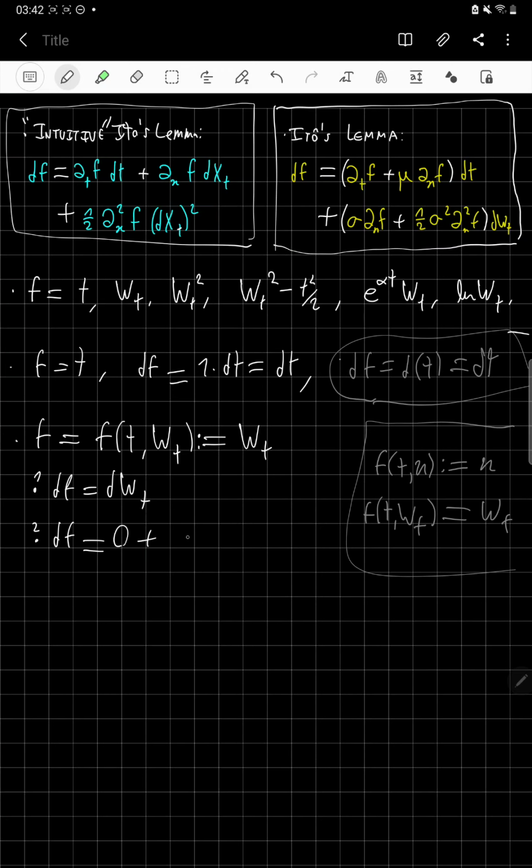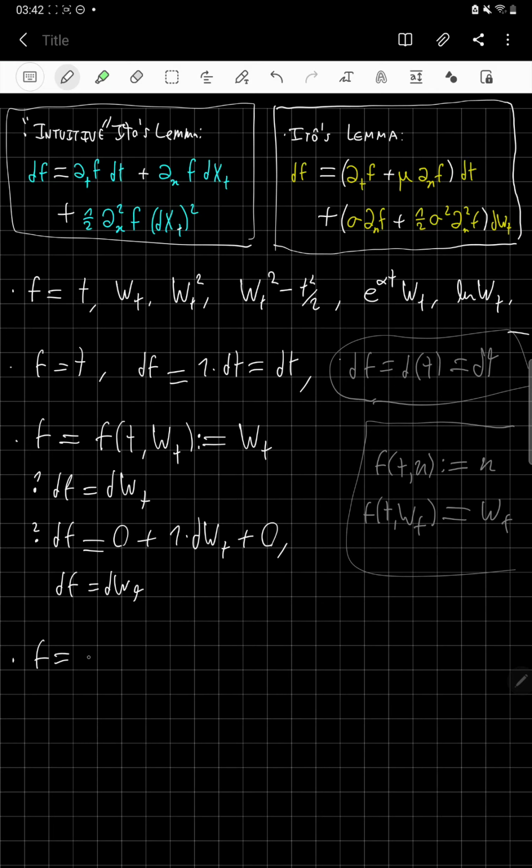With respect to x, the derivative is just 1 times dXt, where Xt is going to be Wt. It didn't have to be plus 0 because the second derivative is just 0. So we obtain df equals dWt. Let's continue.